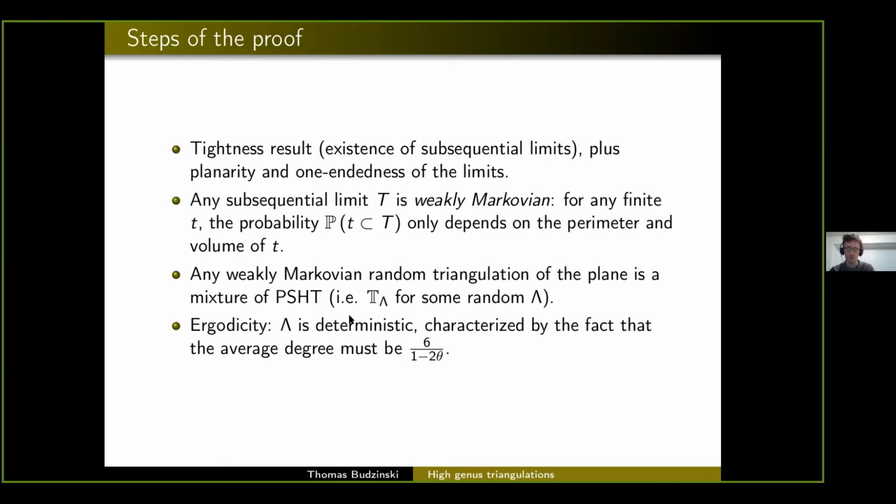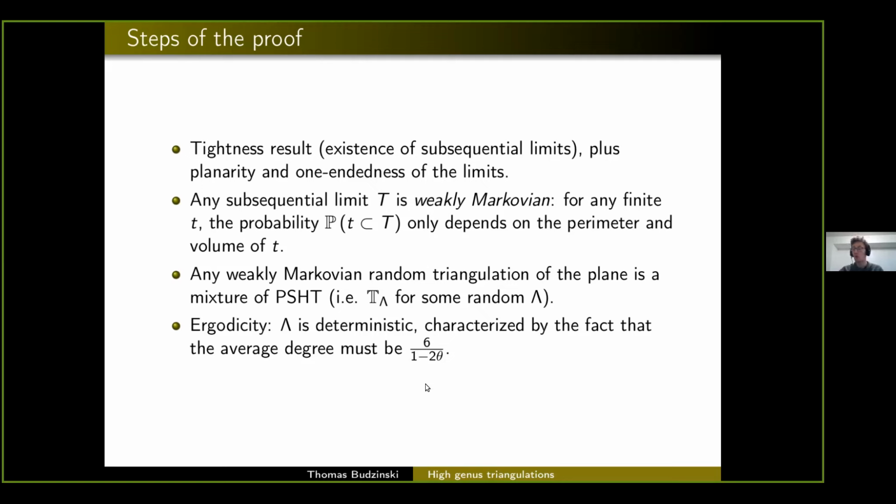And then the last step of the proof is to prove that actually, if we consider a limit of uniform finite triangulations, then this lambda has to be deterministic. And once we know this, we can characterize the lambda by using the fact that we know how to compute the average degree in the finite objects, just using the Euler formula.